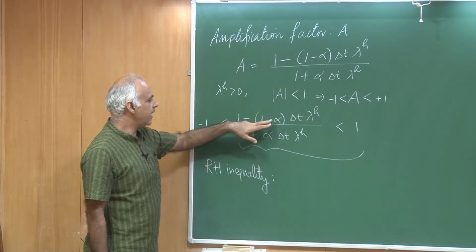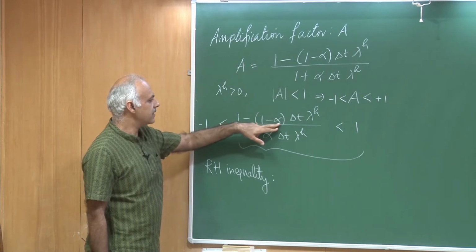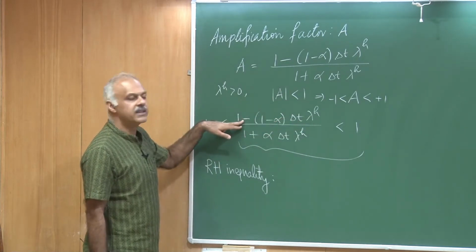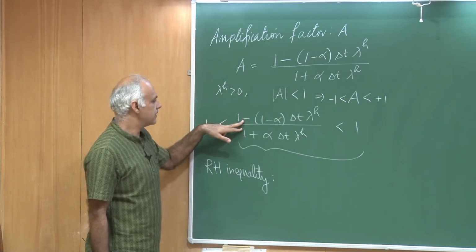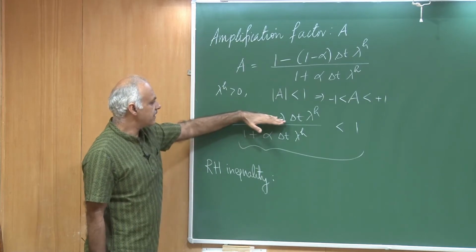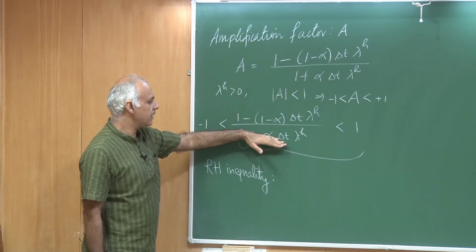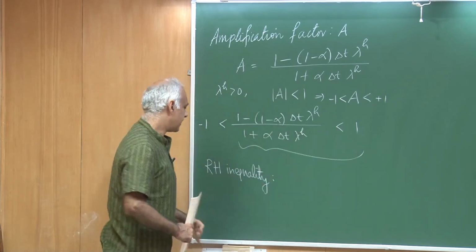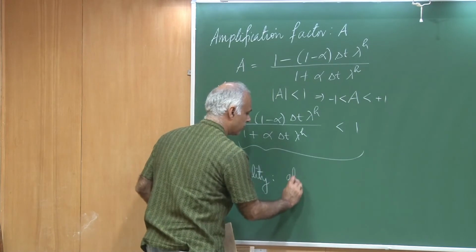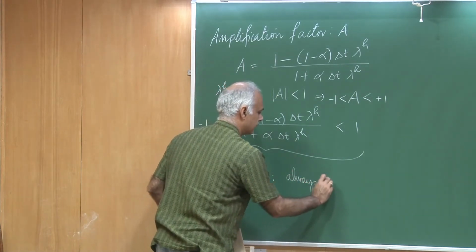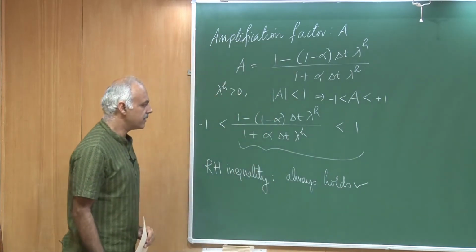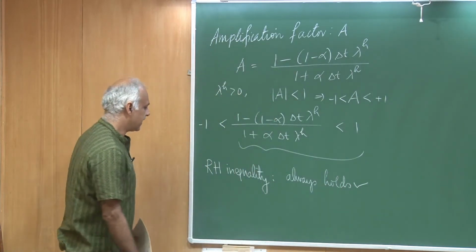In the same way, I can argue that 1 minus alpha is positive, delta t and lambda are also positive. So, the numerator is always going to be less than 1. So, numerator is less than 1, denominator is greater than 1. So, this is automatically satisfied. So, this always holds. So, we do not get any new information from the right hand side inequality.